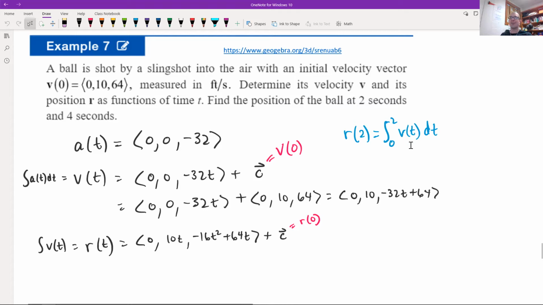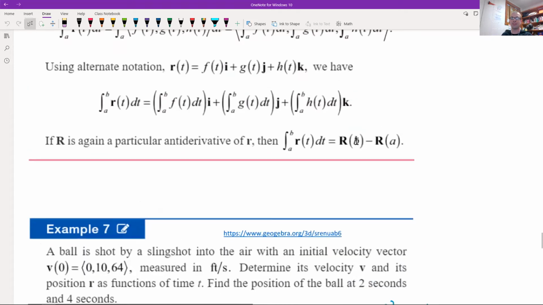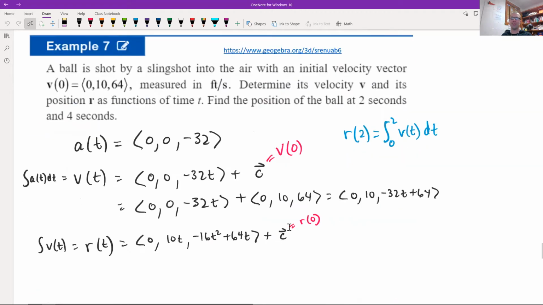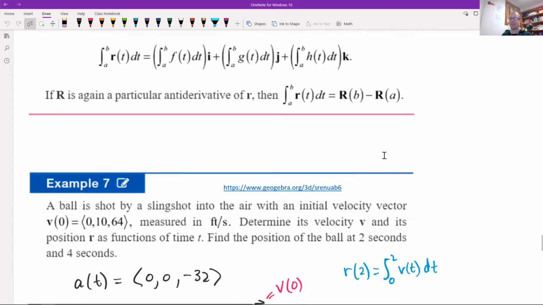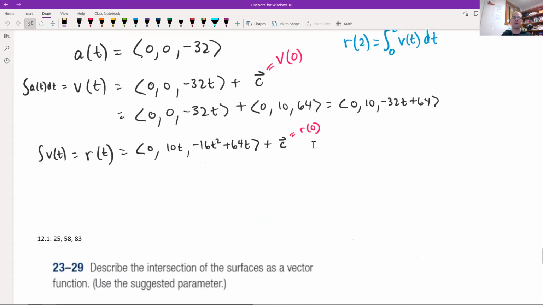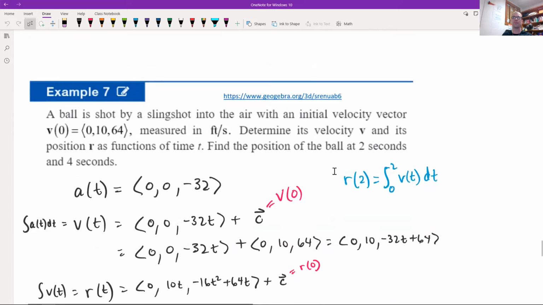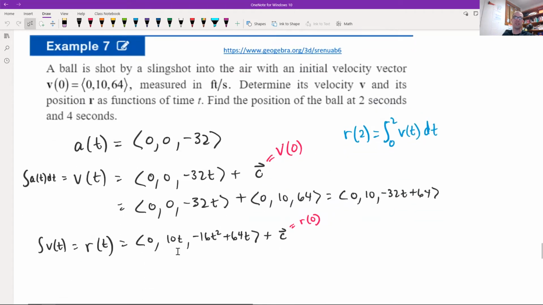And for v of t, you don't even have to worry about this plus c being a part of it, because when you do this antiderivative minus another antiderivative, the plus c's cancel out. Anyways, the simplest way to do this will just be to plug 2 into this equation and 4 into this equation, and we would have our answers completely.